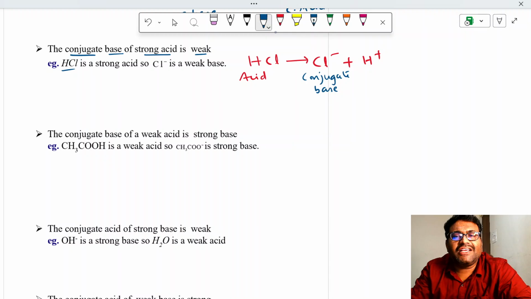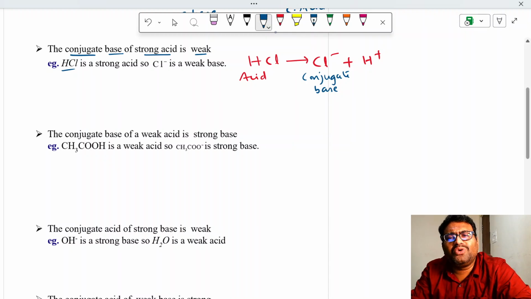Okay, HCl has more tendency to lose H plus. Why? Chlorine is an electronegative element, belonging to the halogen group. After gaining this electron, it gains high stability. It is highly stable.